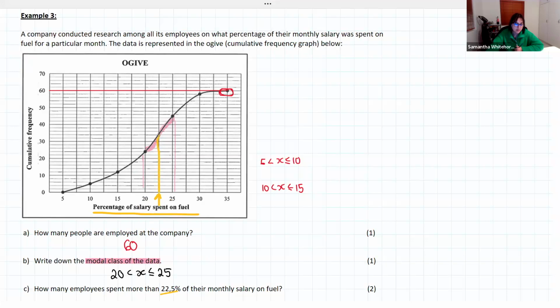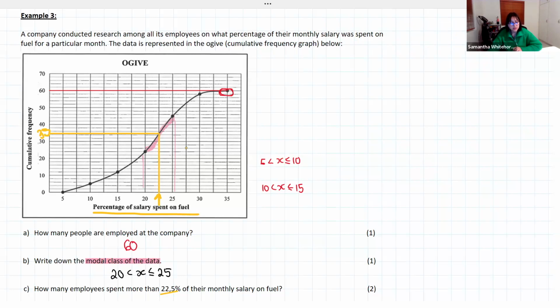We read up until we hit our ogive. We read across. Now it's sort of halfway between those two lines, so we just make the best estimate. Those lines each count 2, so 32, 34, 36, 38, 40. It's halfway between 34 and 36, so 35 employees. This value here would be 35.